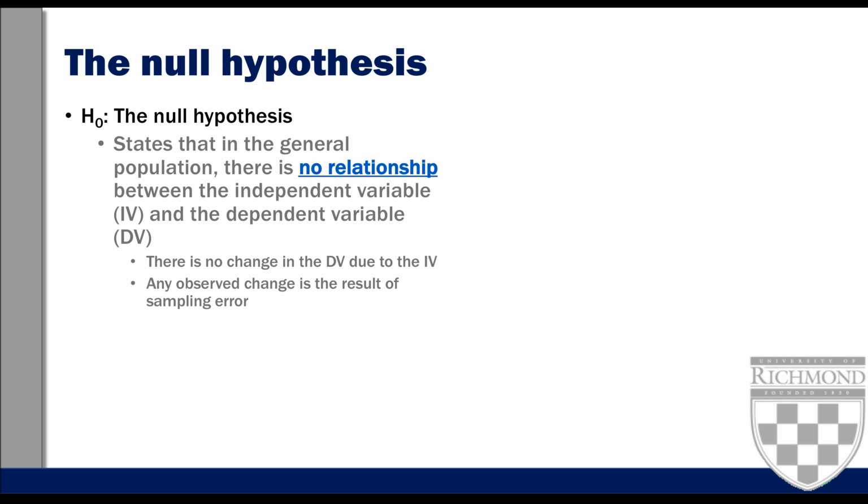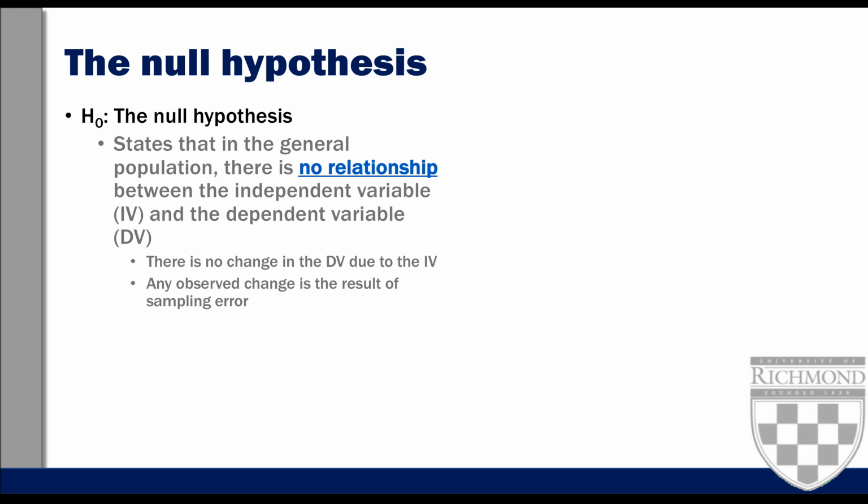The dependent variable, by the way, is operationalized and measured in our dependent measure. So our dependent variable in this example is going to be intelligence, okay, IQ. And the dependent measure is the IQ test itself, the measurement of IQ.